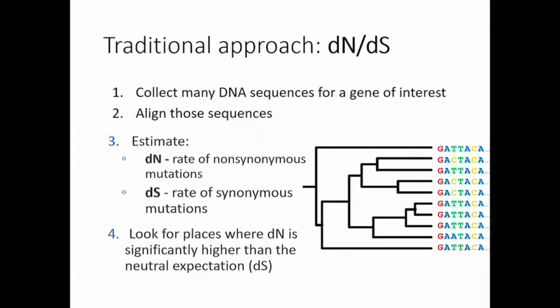So what we wanted to do is scan the genomes that are out there and use some kind of comparative genomics approach to look for synonymous mutations that are under selection.